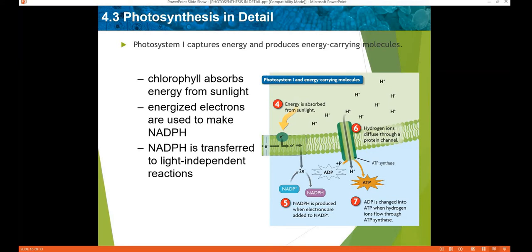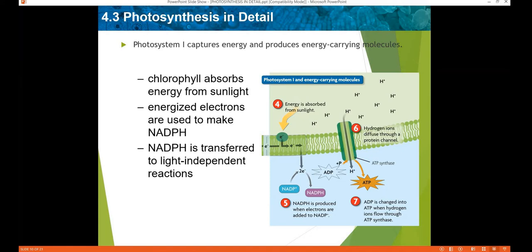Recall that the concentration of hydrogen ions is higher inside the thylakoid than it is outside. This difference in hydrogen ion concentration is called the chemiosmotic gradient, which stores potential energy. Therefore, the ions flow through the channel by diffusion. What is diffusion?